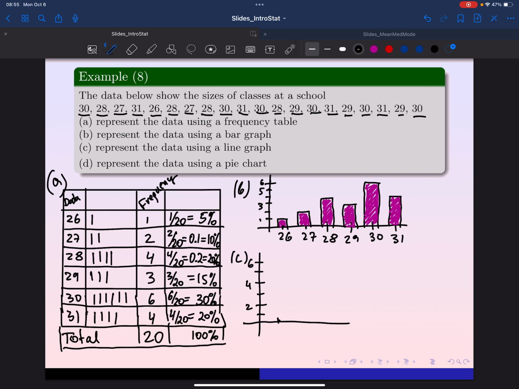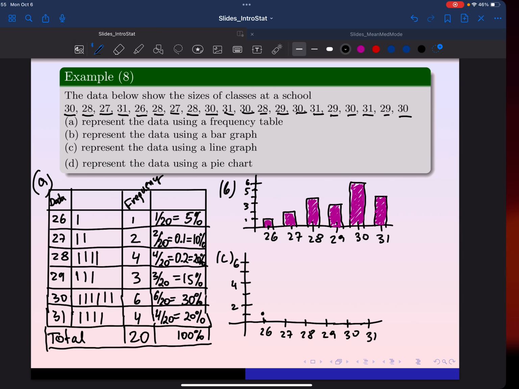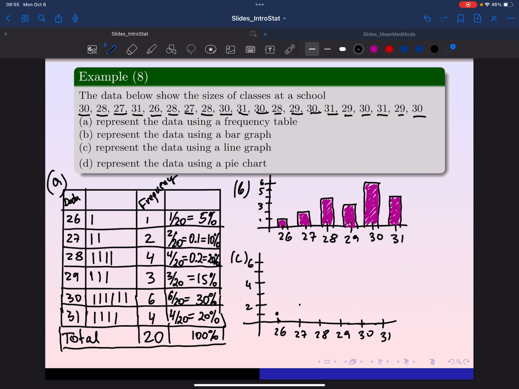And here would be 26, 27, 28, 29, 30, and 31. So 26 is at 1, 27 is at 2. So this is the frequency, right? Here the same, we would have frequency.